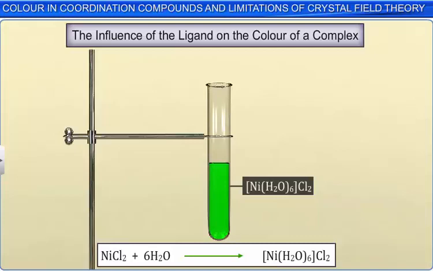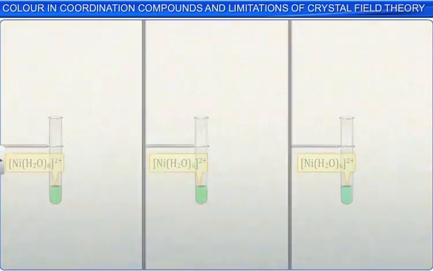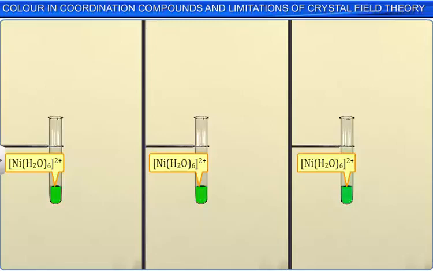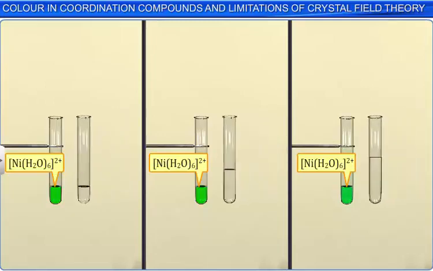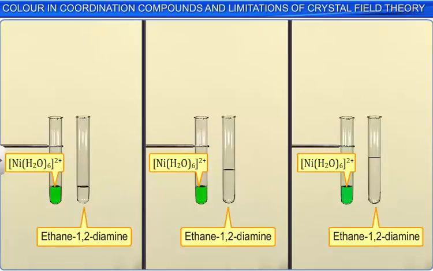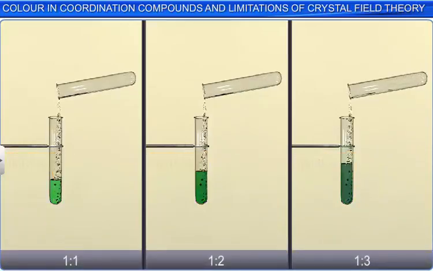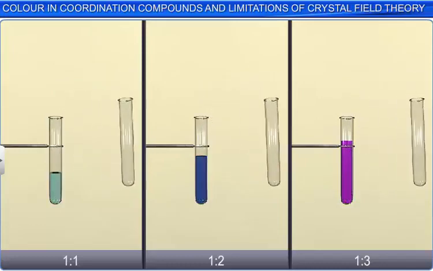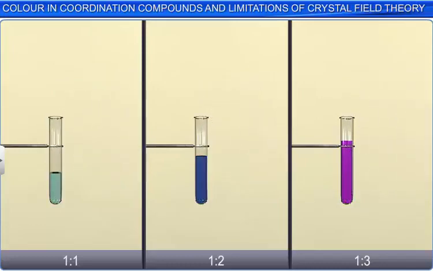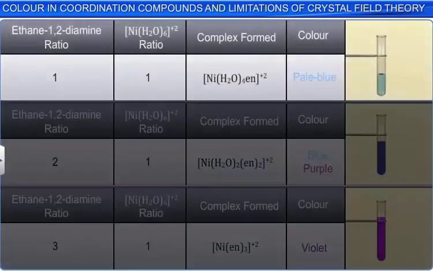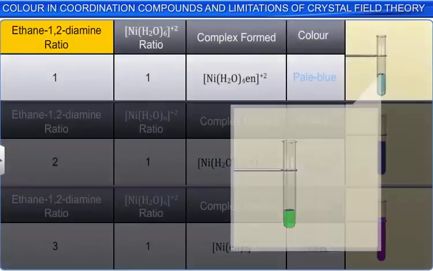To this complex, if the didentate ligand ethane 1,2-diamine is added progressively in different molar ratios, different complexes with varying colors are formed.